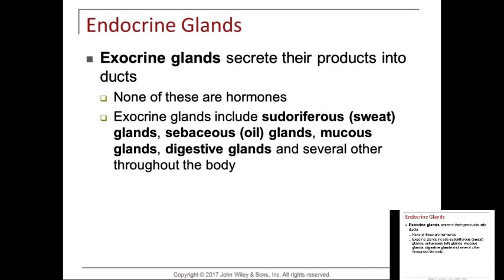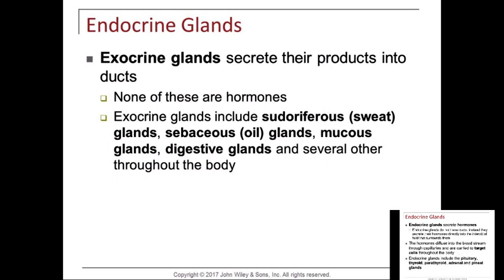That gets a little bit tricky for people to comprehend because when you think of sweat, it's going to the outside of the skin, and you're thinking of sebaceous glands and oil also outside of the skin. But digestive glands are not delivering it to the outside of the body. It's still inside the body in the lumen, but yet it's to the epithelial surface. The entire digestive system is epithelium, as is the skin. So think of it that way.